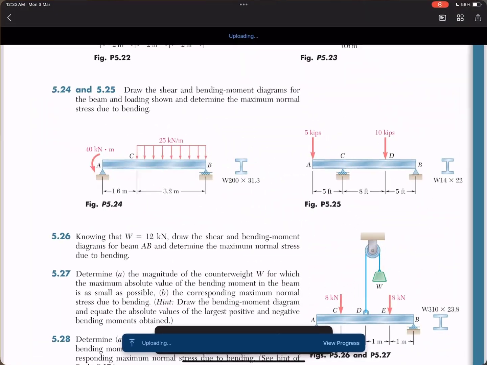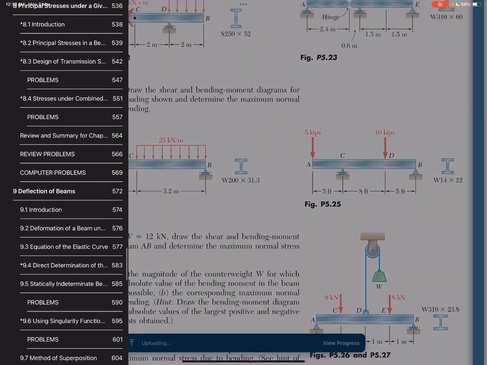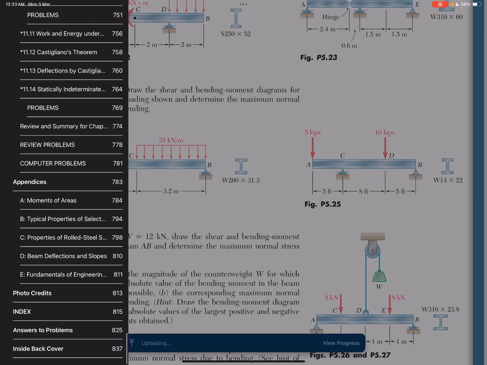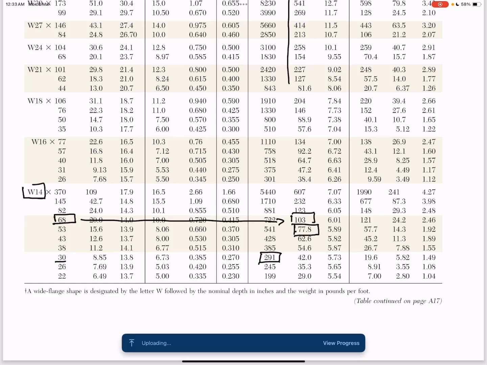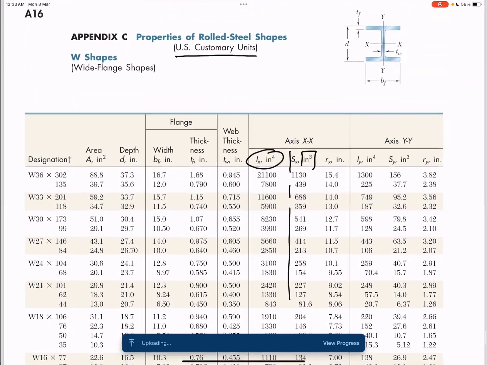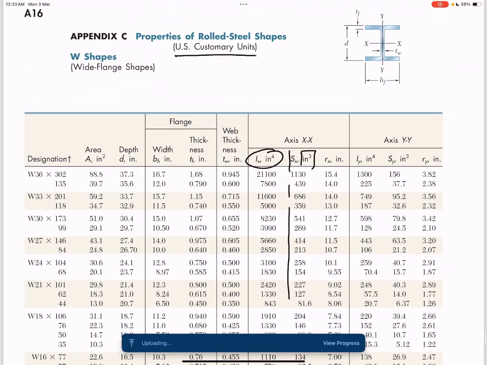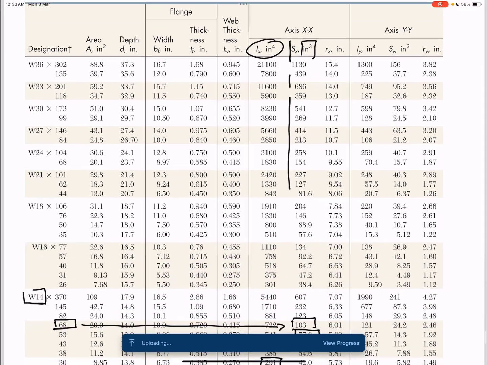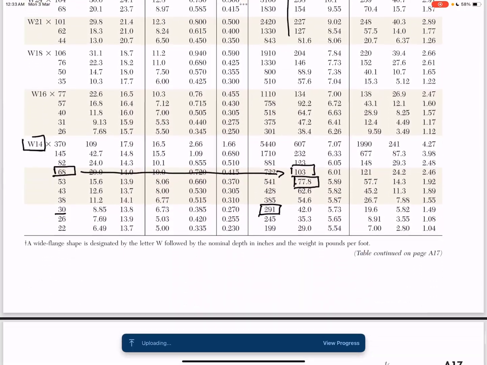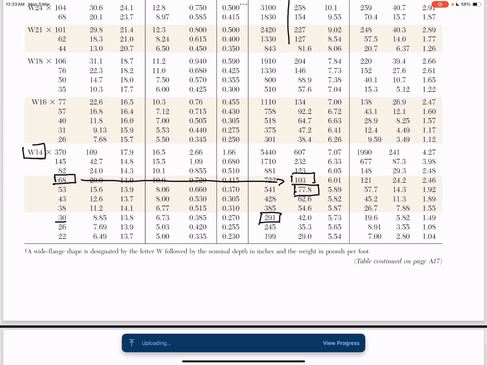This is the book. You can see you have to go at the appendix C, and in appendix C, property of rolled steel. So you will go, now you can see this is US customary. Okay. So in US customary, you can see this one is W. So W 14 by 22.